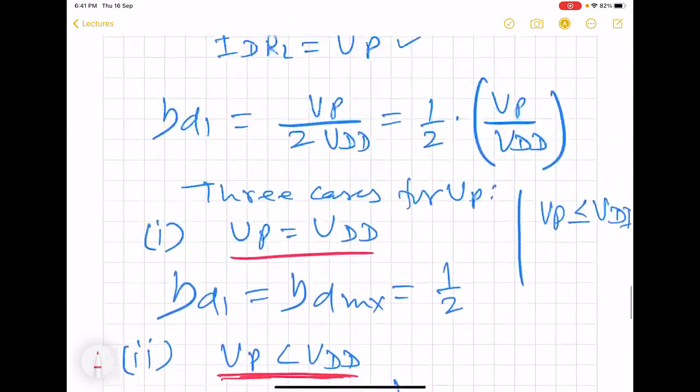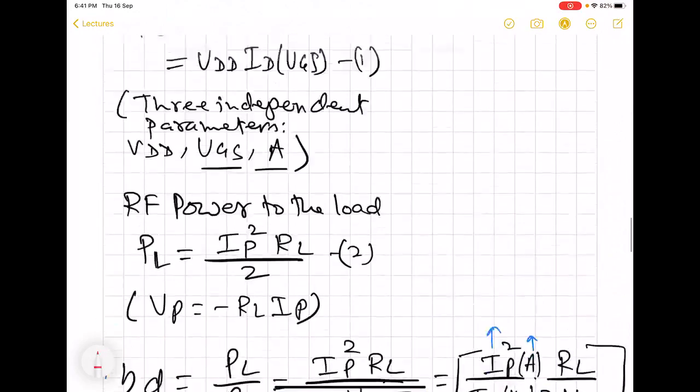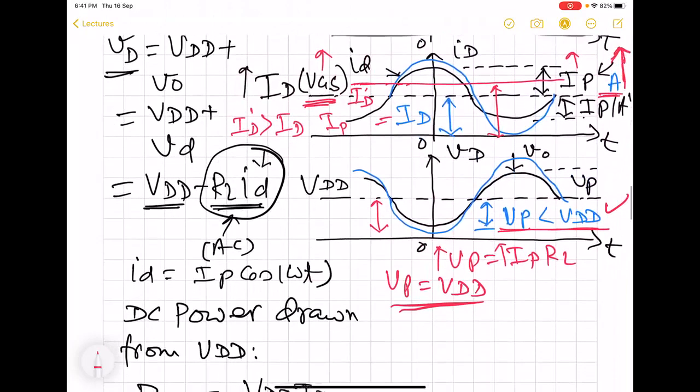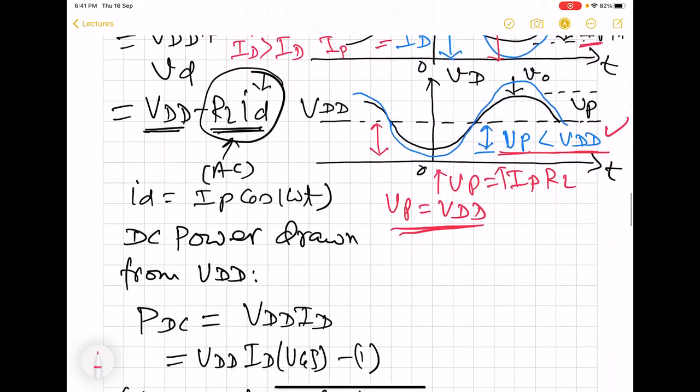Now there will be one question: what if, for any given IP, suppose we have maximized the drain current swing to IP such that the numerical value of IP into RL is greater than VDD.